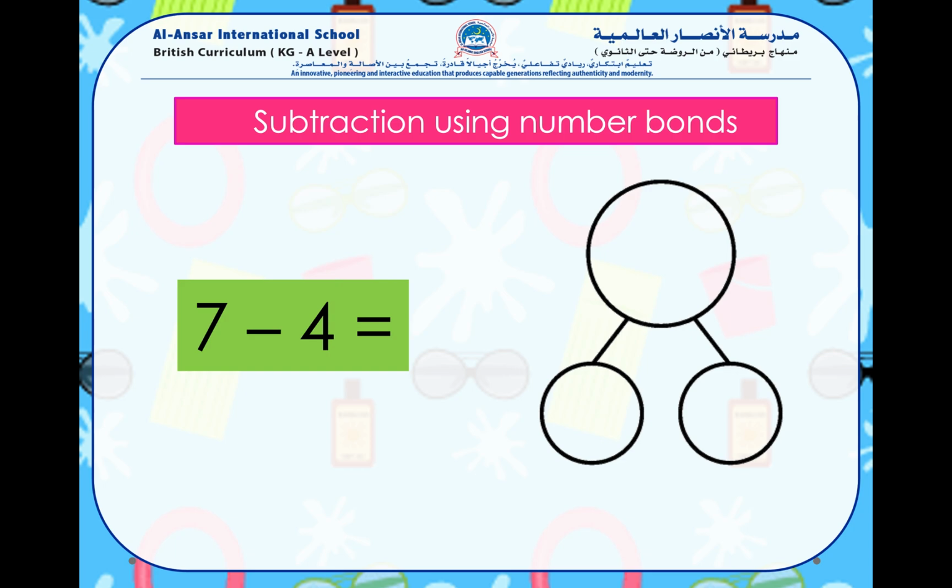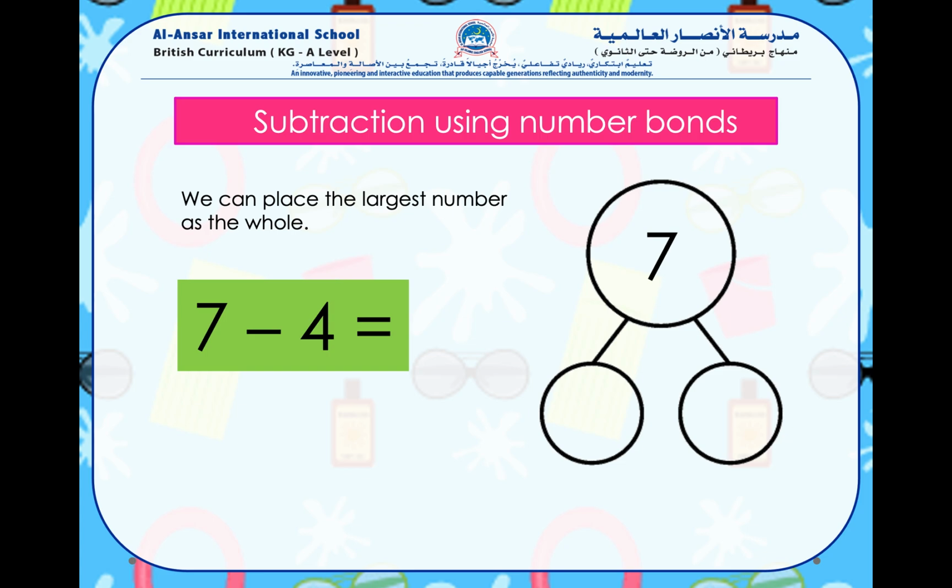Here we have the subtraction sum 7 minus 4. Now we can use number bonds to help us solve the problem. So if we were to make a number bond, we know that the big number always goes as our whole. So here we know that 7 is our largest number, so we will place it in the place of a whole.